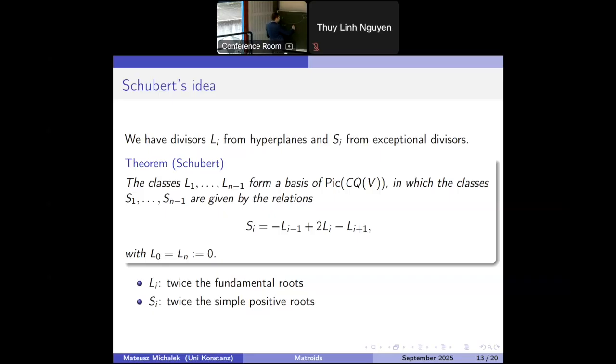Namely, if you take a subspace, let me call it N, in V, you can take N perp in V dual, and then there will be a point N plus N perp.